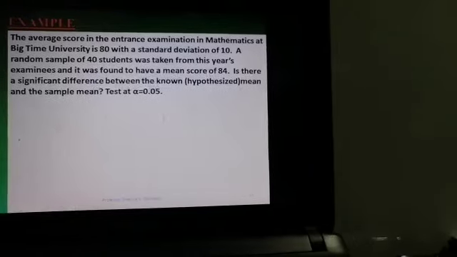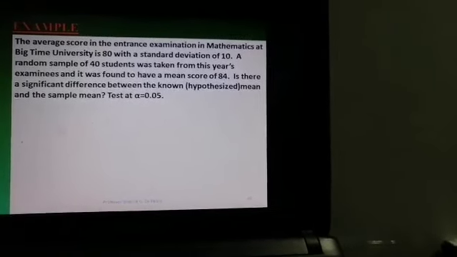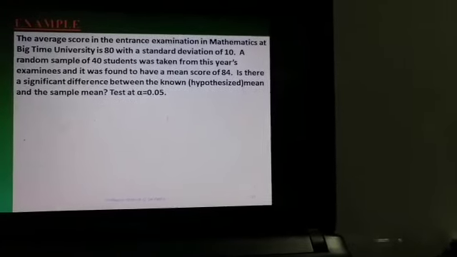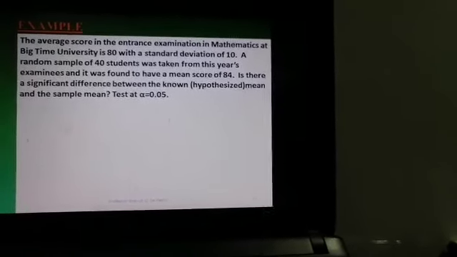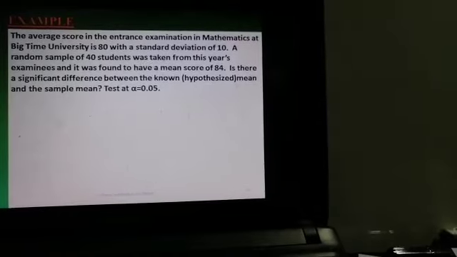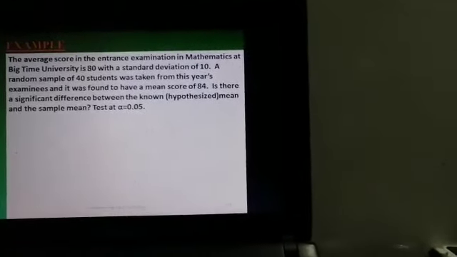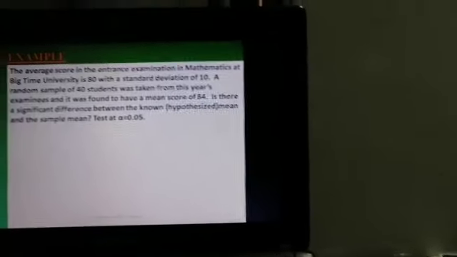Is there a significant difference between the known or the hypothesized or the population mean and the sample mean? Test at alpha 0.05. If you may notice, there are important values that we have in this problem.